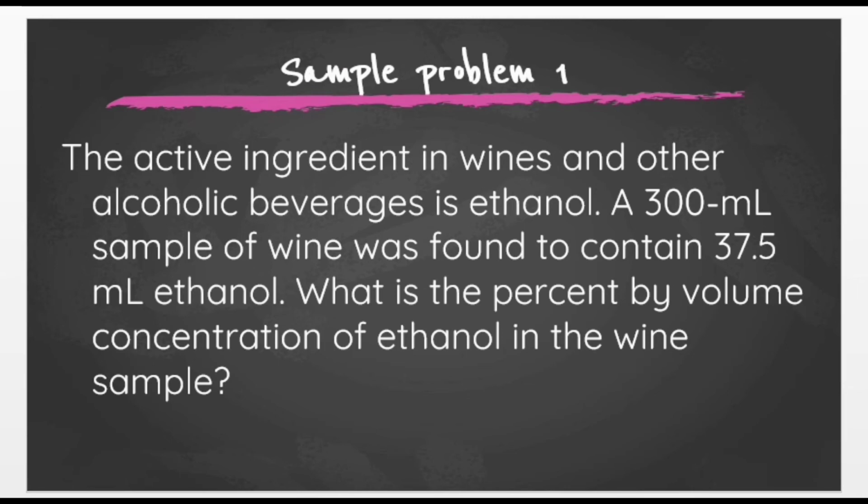Sample problem 1. The active ingredient in wines and other alcoholic beverages is ethanol. A 300 ml sample of wine was found to contain 37 ml ethanol. What is the percent by volume concentration of ethanol in the wine sample?